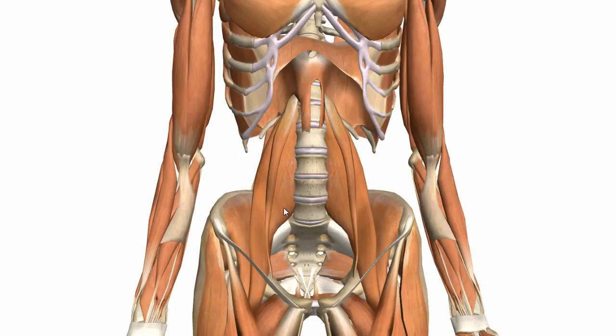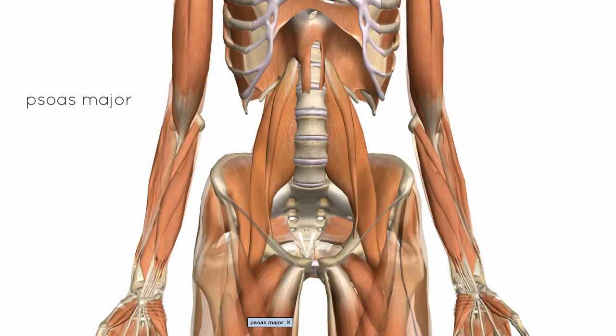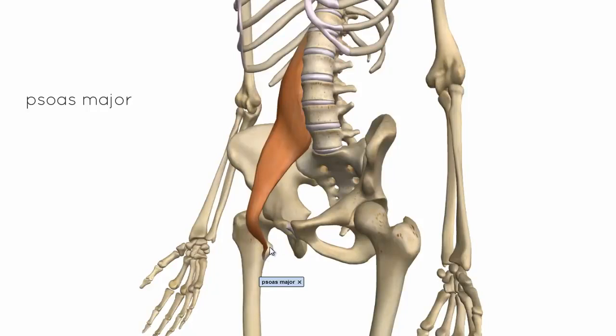So this large muscle here is the psoas major, and you can see its attachment here on the vertebral bodies. It attaches from the vertebral bodies from T12 down to L5. And if I fade away the other muscles, you can see its insertion on the lesser trochanter of the femur.